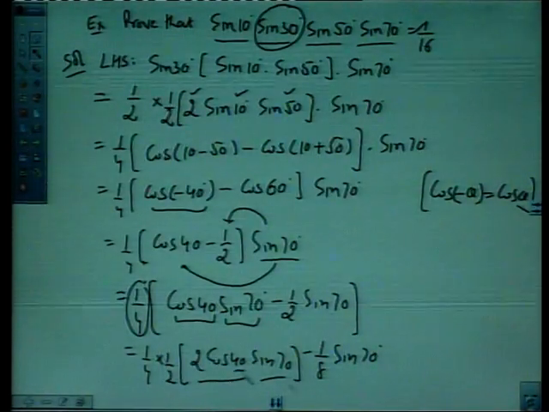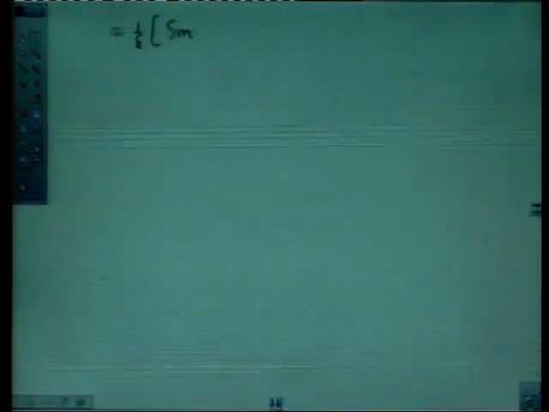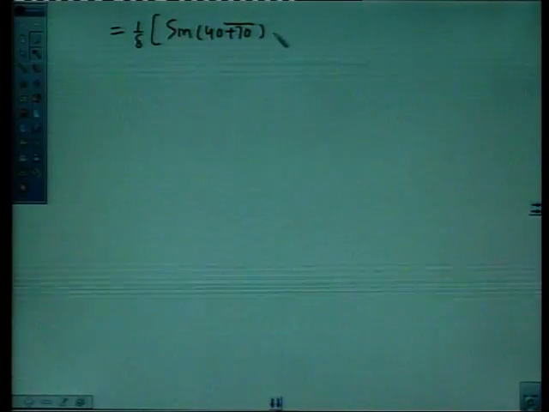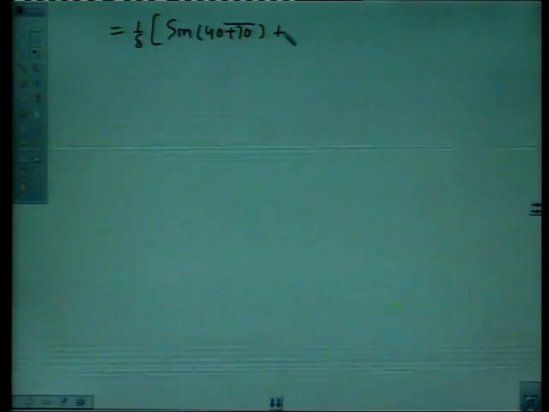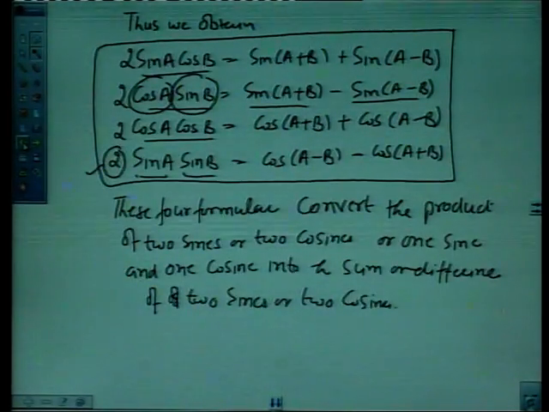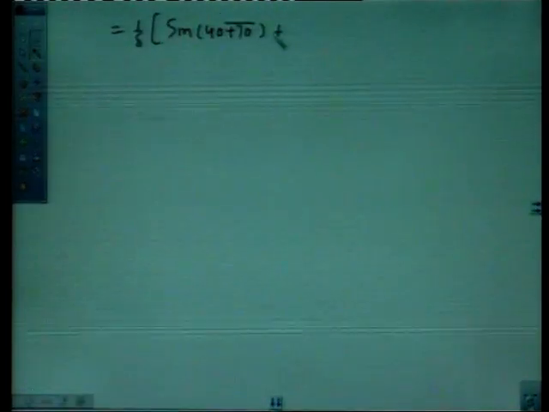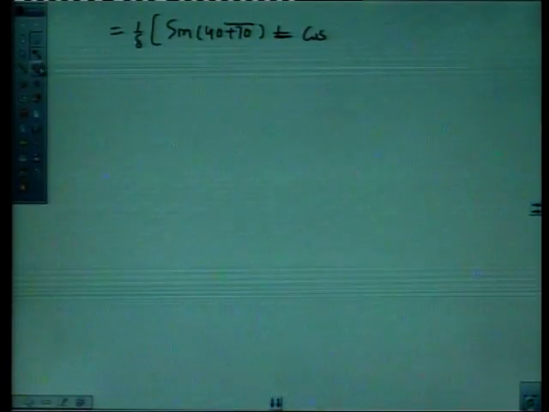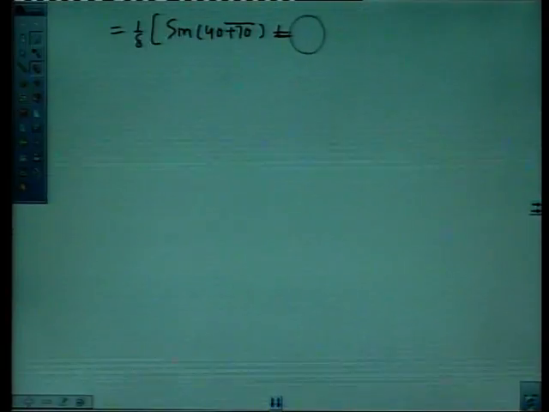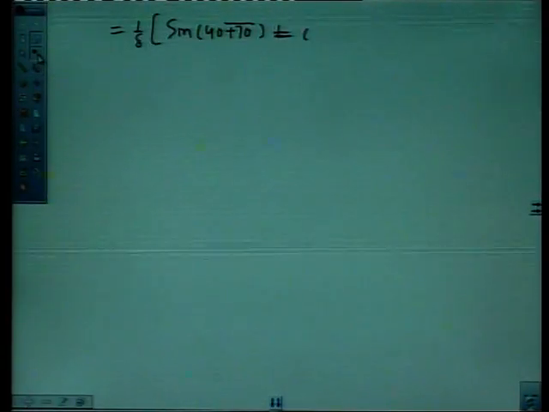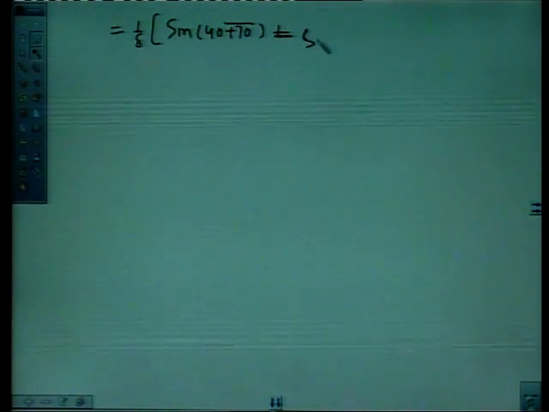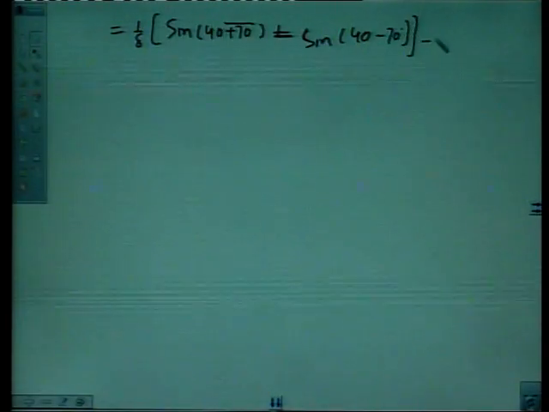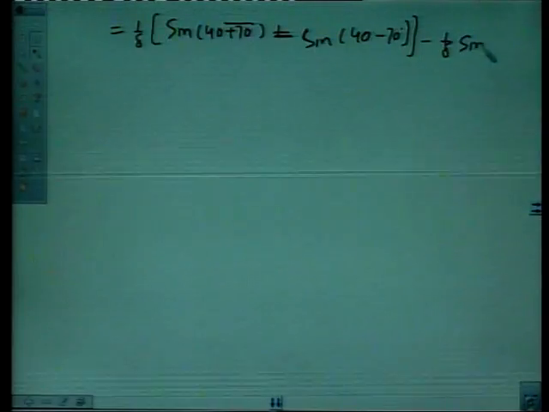A is 40, B is 70, so sine(40 plus 70) degree, and the formula has minus here, so we use minus, sine(40 minus 70) degree, minus 1 by 8 times sine 70.